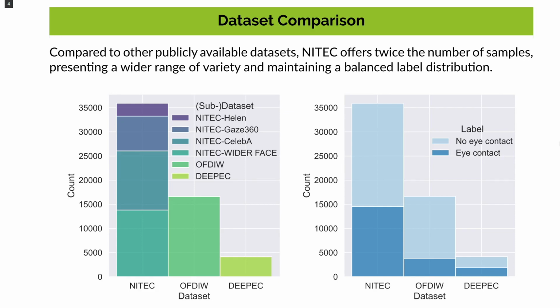And we can see that our dataset is by far the biggest one, with more than double the size of OFDIW. On the right side, there's also the split of the label distribution between no eye contact and eye contact. And we can see that the NITEC dataset provides a roughly equal distribution between eye contact and no eye contact, whereas the second largest dataset, OFDIW, has a large oversize of no eye contact.